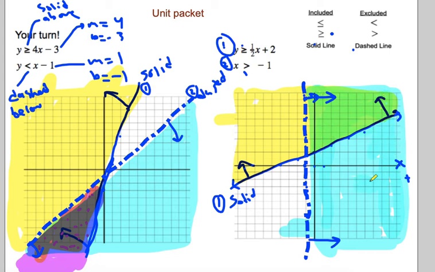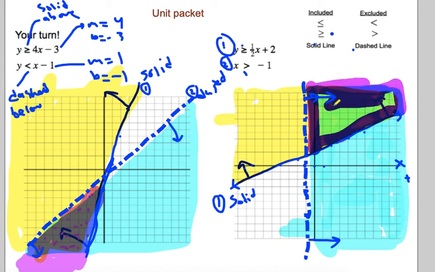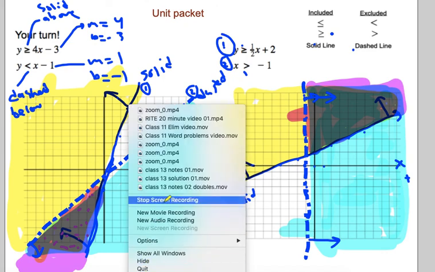All of the solutions are going to be where this is overlapping. So this whole region right here is all the numbers that are bigger than this line and all the numbers that are bigger than that line. We did it. Good job, guys. Ciao for now.